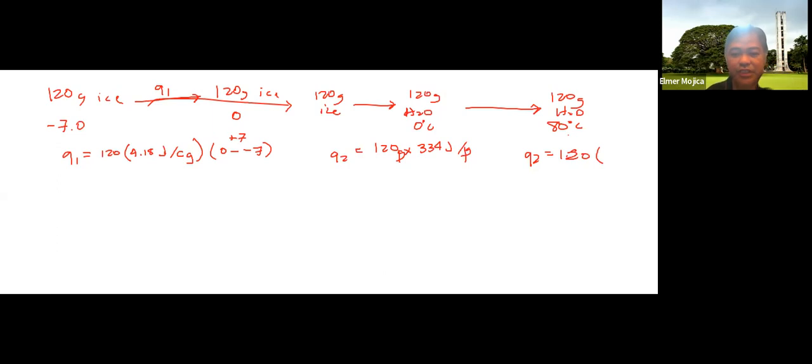So the specific heat of ice is what? 2.09. So saan ako nagkamali dito? Yan, 4.18 dito. You follow? And then you multiply it with 80 minus 0, which is just 80.